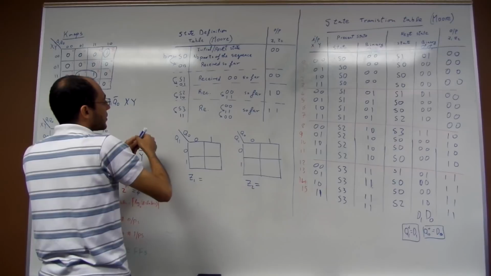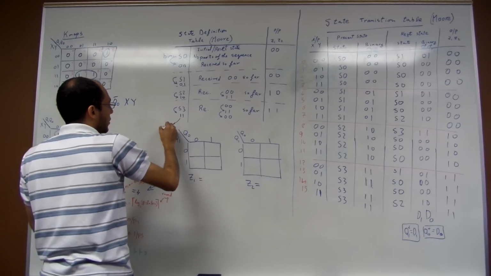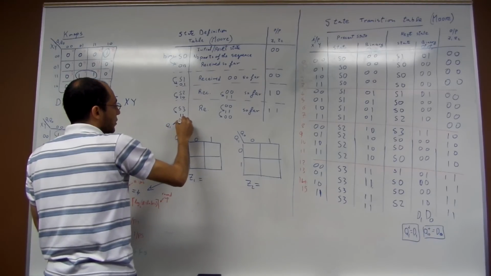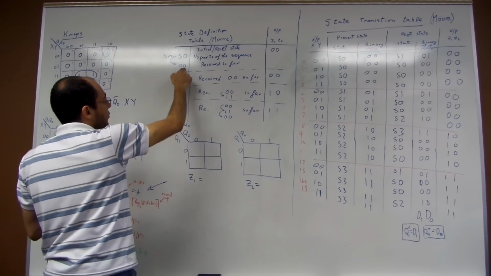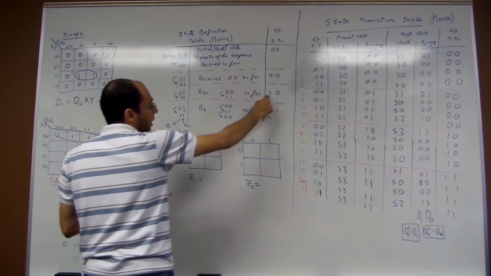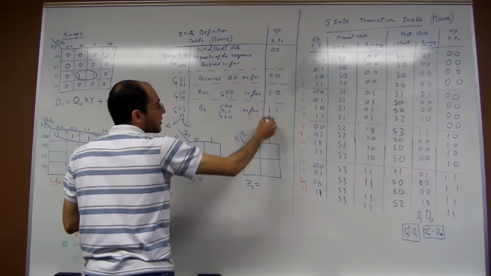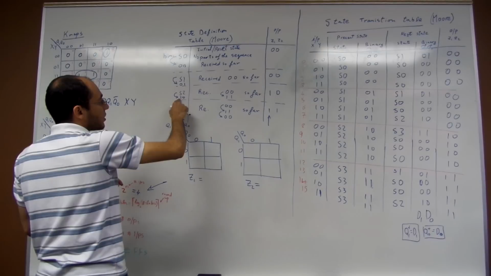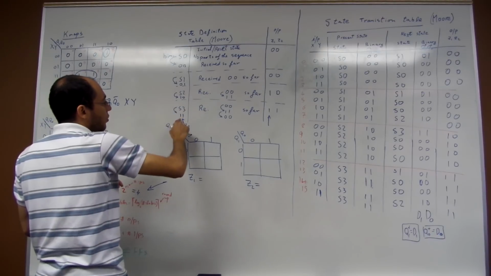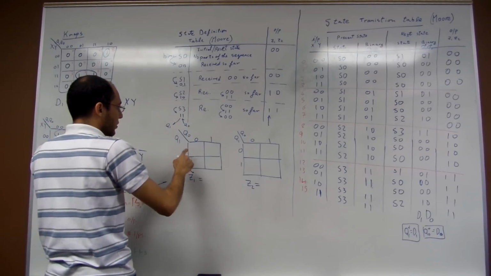So this is Q1 and this is Q0. When do we have a 1 for Z1? We have a 1 when we have a 1 0 or a 1 1. Where is 1 0?